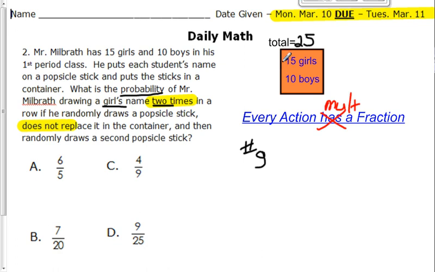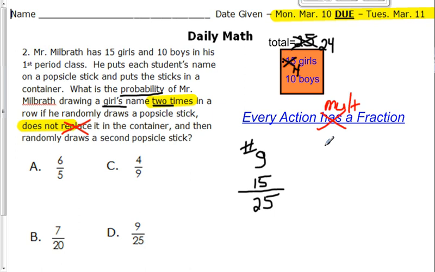Right now, I know there are 15 girls in that cup out of a total of 25. Now the key here is he does not replace it. So that means he's taking it out. So instead of 15 now, we only have 14. And that also means there's not 25 anymore, there's only 24.